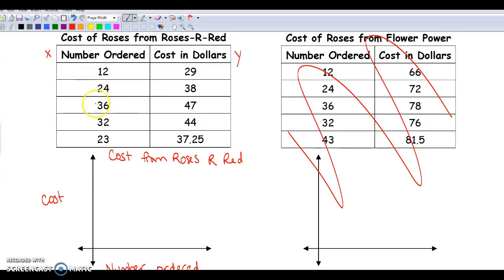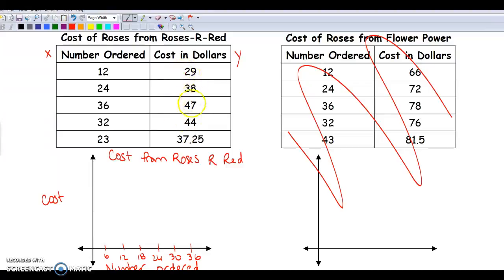So if we're going between 12 and 23, and it looks like it's about every 12 units, you could certainly do a scale by 12s. You could even go by 6s if you wanted to. I'm going to go by 6s just because 30, 36. And then the cost is going between about $29 and $47.